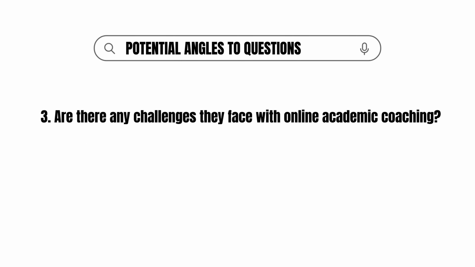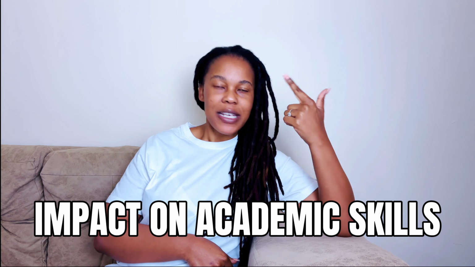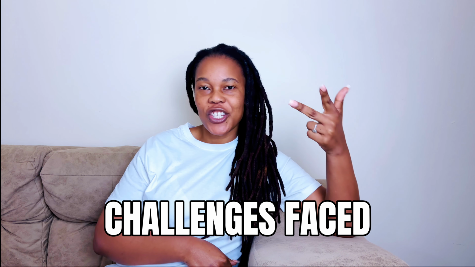And from the third potential angle, we can draw the third sub-question as, what challenges do first-year students experience with online academic coaching platforms? Together, these sub-questions cover different dimensions of student perceptions: helpful aspects, impact on academic skills, and challenges faced.